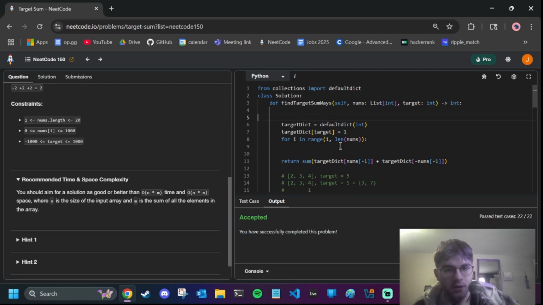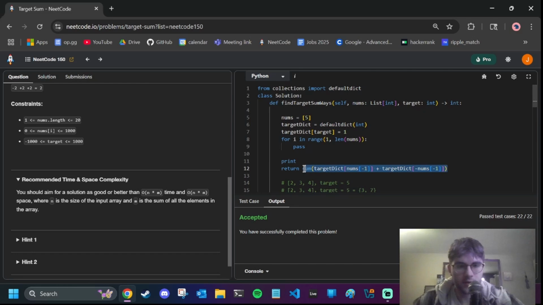Yeah, okay, so now I'm thinking, for instance, if we just had nums as 5, let's say nums is 5. Let me print this.